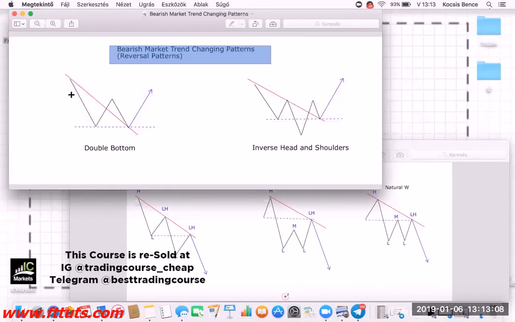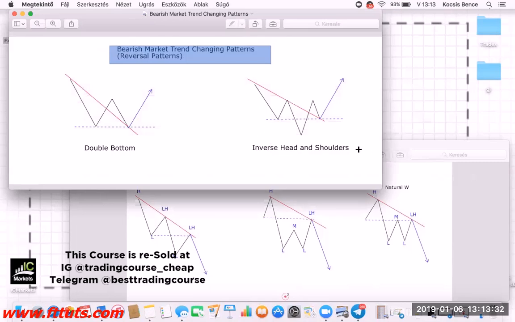I have a proper definition for the double bottom. So the double bottom for me, when I have a trend line, the price breaks the trend line and after it makes the retest on the trend line and it creates the same lows. After, the price continues to the upside.